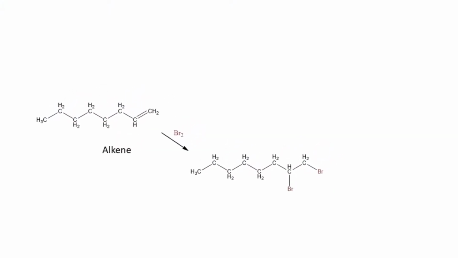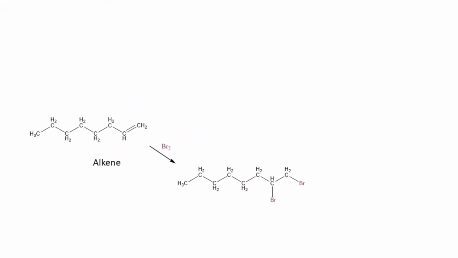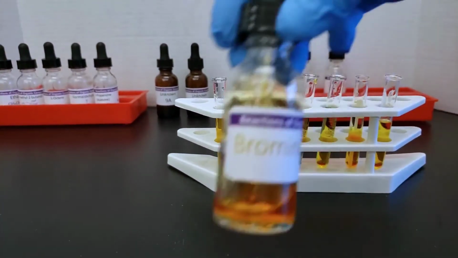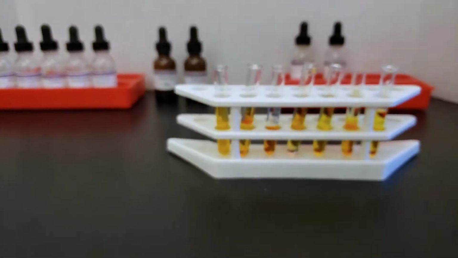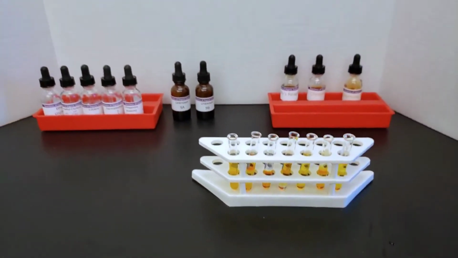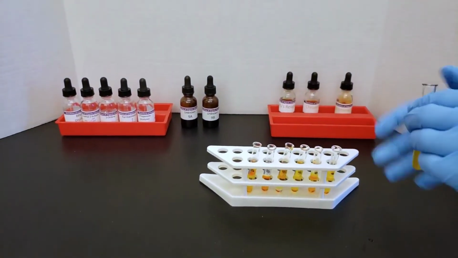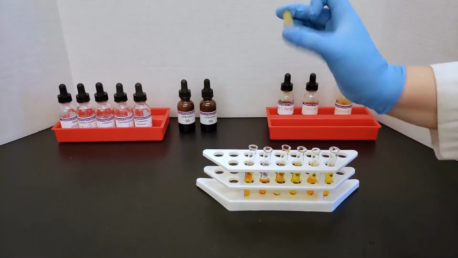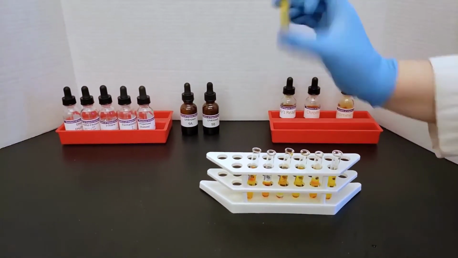Here's a little chart. Here we have 1-octene reacts with bromine, and then it gets brominated. The orange color is the bromine itself, and so any alkene reacting with bromine is going to then become colorless. Here we are shaking the tubes because in some cases the organic molecule is not soluble or not miscible with water.